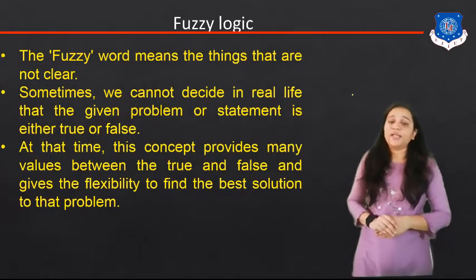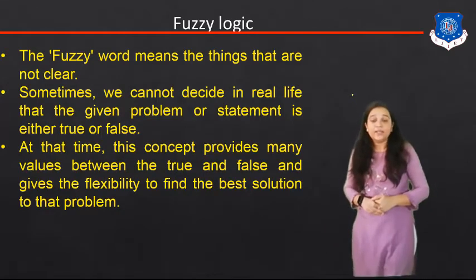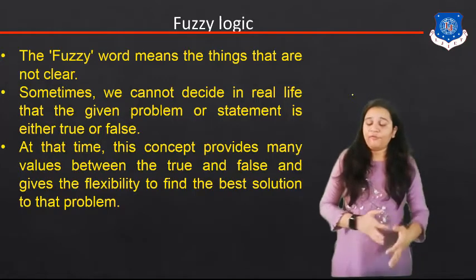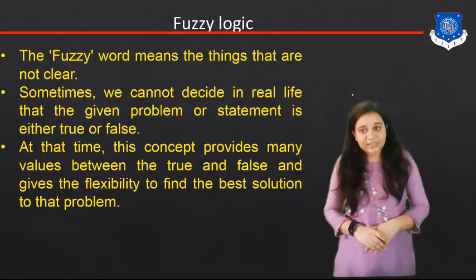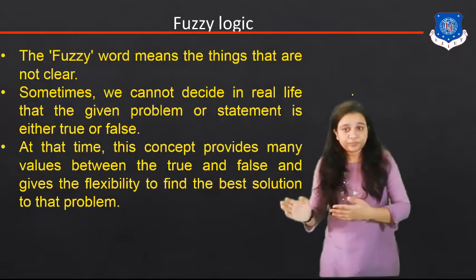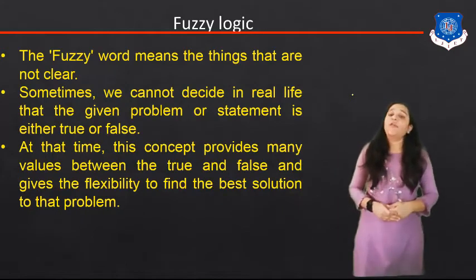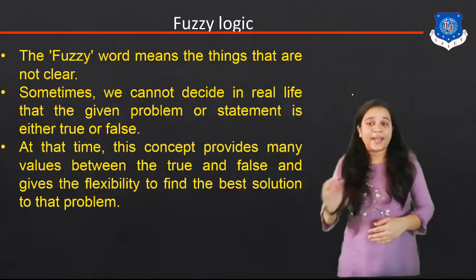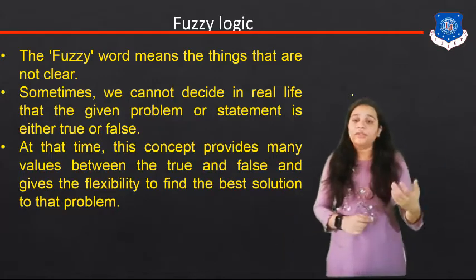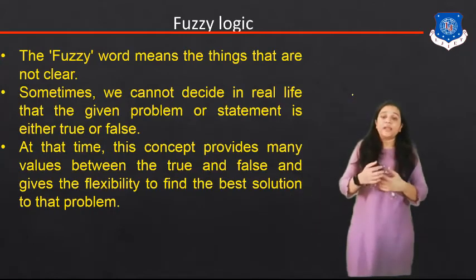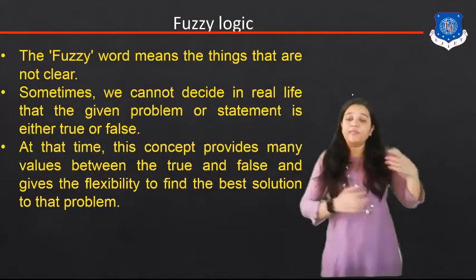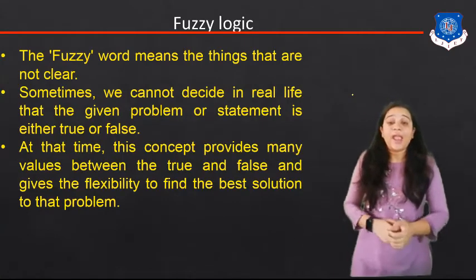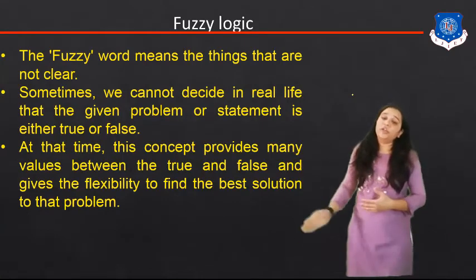As you studied in digital logic design, we use Boolean algebra to find the different states of a system. But in a digital system we have only two states, 0 and 1, that means the low state or the high state. But if we get a value between 0 and 1, say 0.6, then what is the actual status of the system?